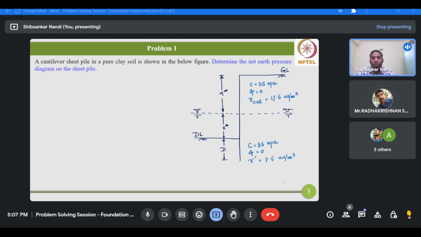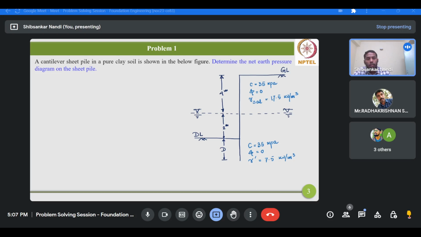In the last week we had solved a cantilever sheet pile wall for a cohesionless soil deposit. In this case, we'll see the application of a cantilever sheet pile wall for a purely clay deposit. This is the height of the cantilever sheet pile wall, having a total height of 4 plus 2, 6 meter.